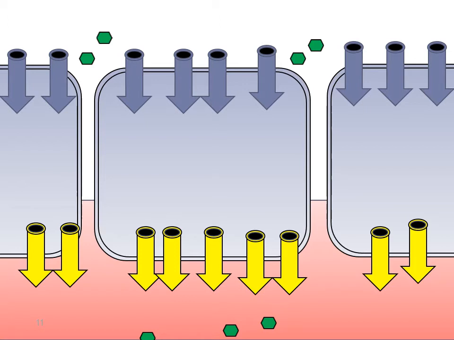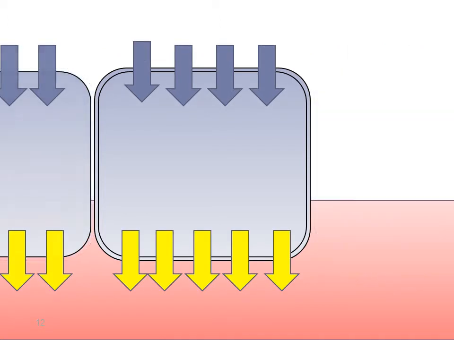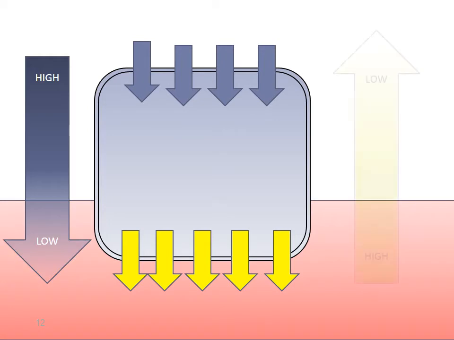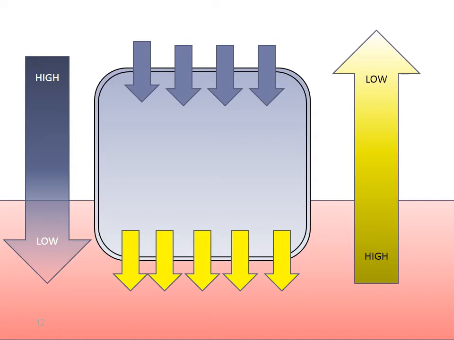Furthermore, because of the fluid mosaic model, these proteins could also diffuse. Let's look at just these proteins, though. I have proteins that pump glucose into the cell on the apical surface, and the ones that pump it out on the basolateral surface. And there are concentration gradients for both of these proteins.